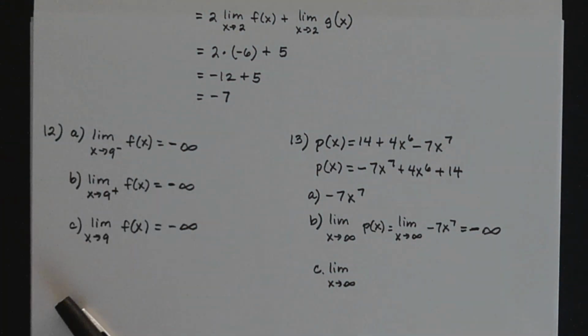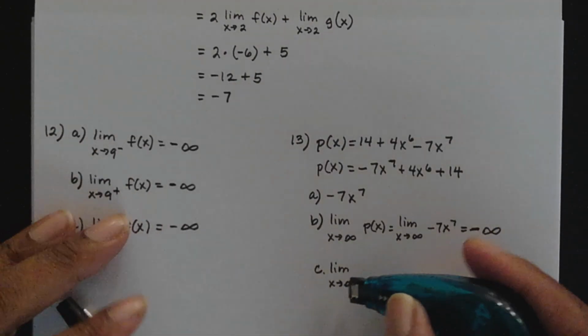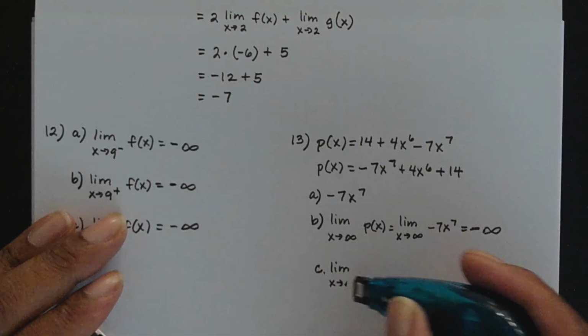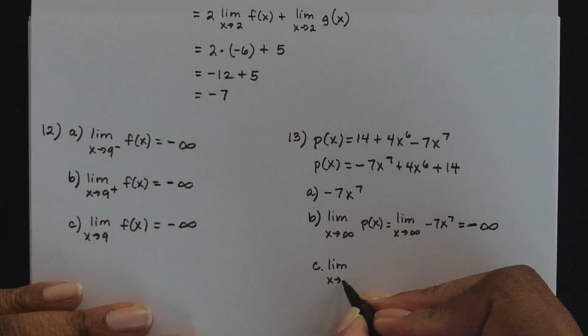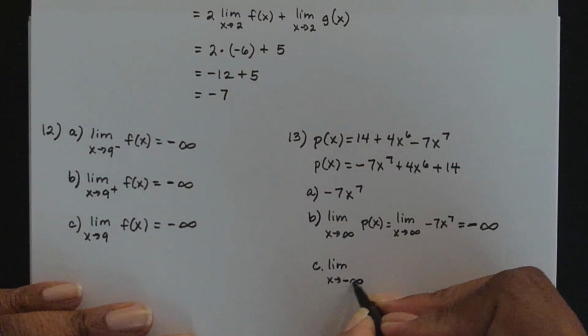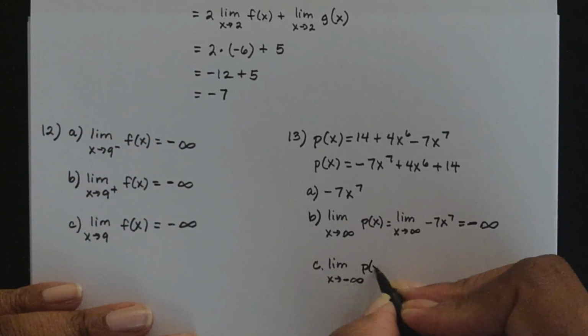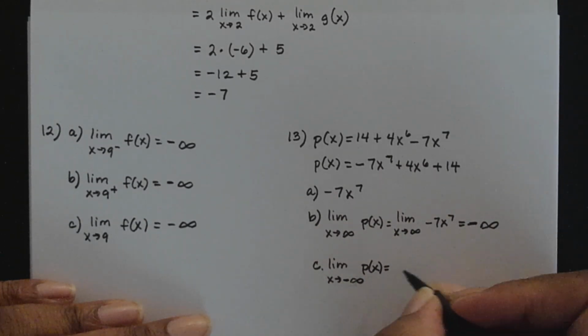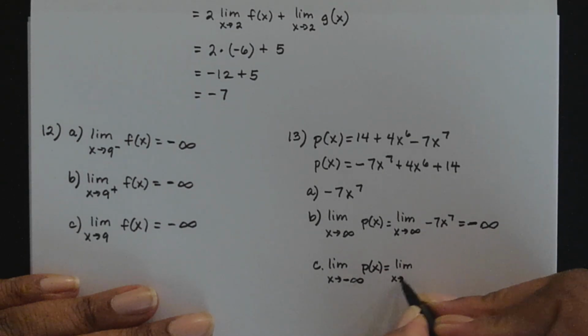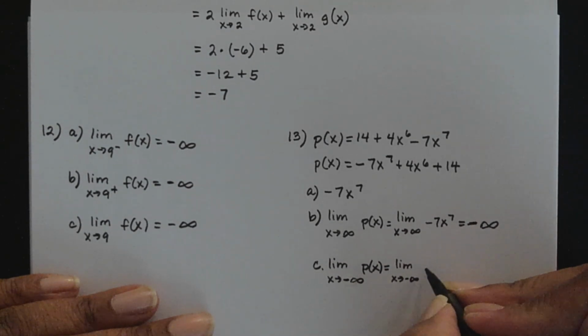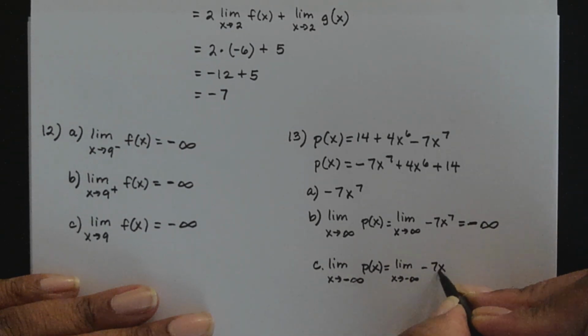Part C is the limit of p of x as x approaches negative infinity. So we're finding the limit as x approaches negative infinity of negative 7x to the 7th.